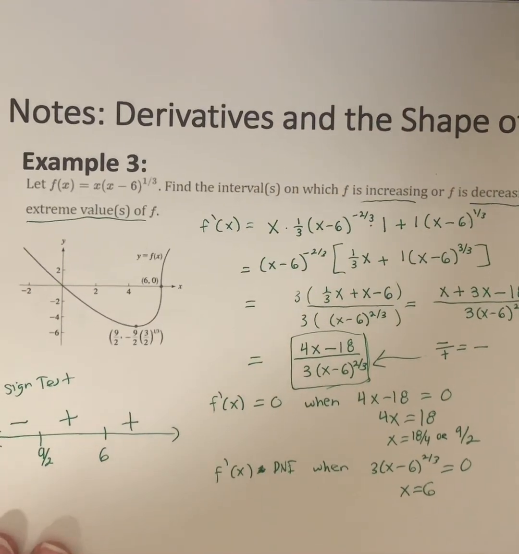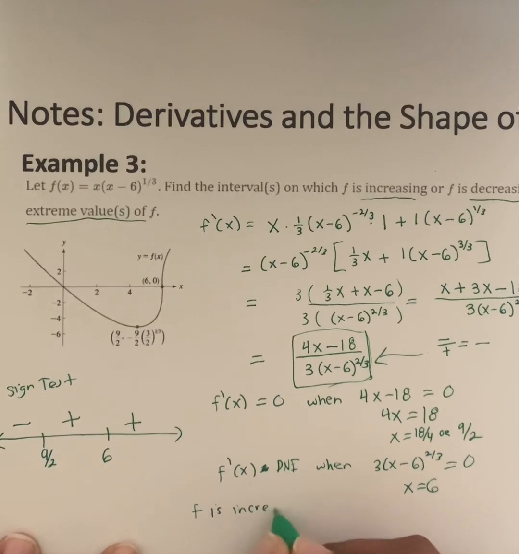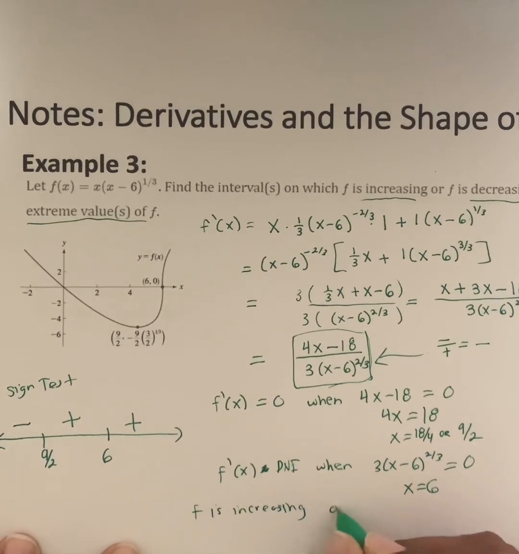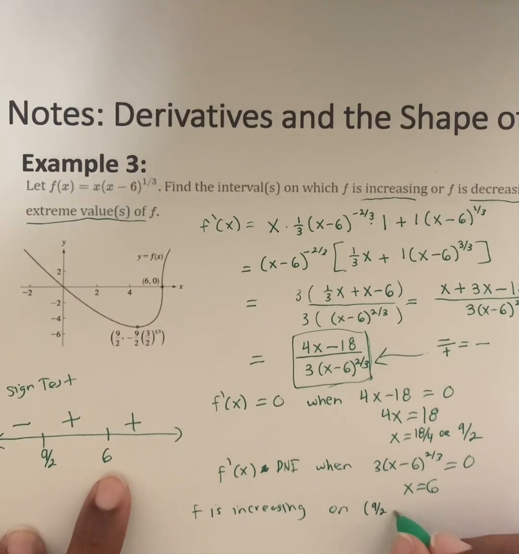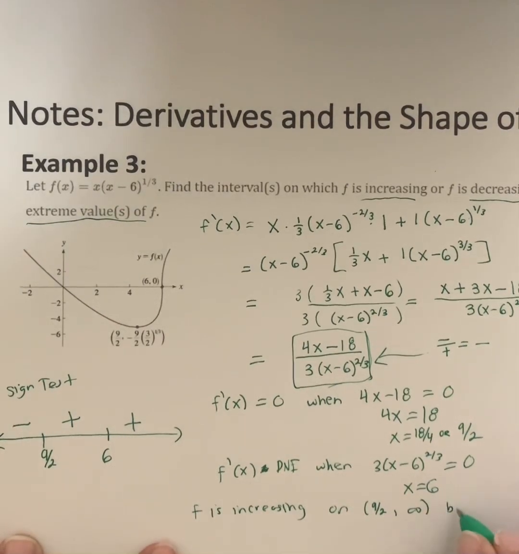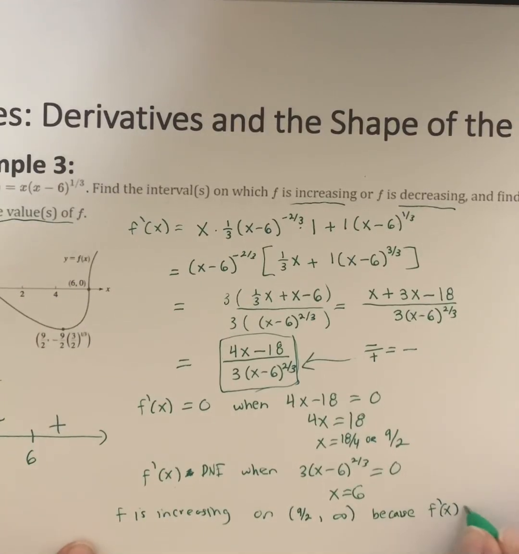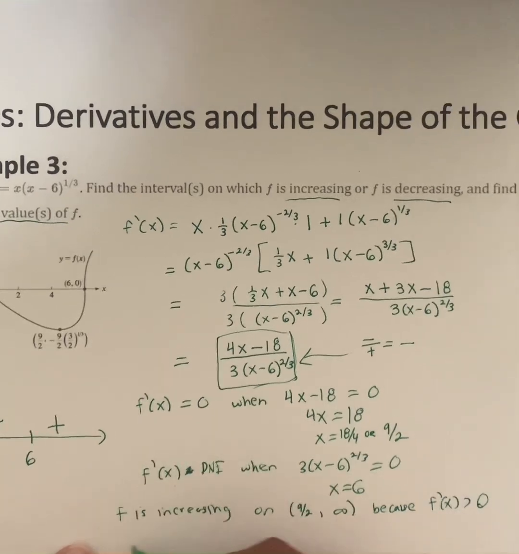All right, now let's try to answer our question. We know f is increasing on 9/2 to infinity because f prime of x is positive.